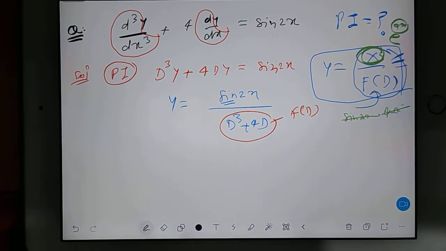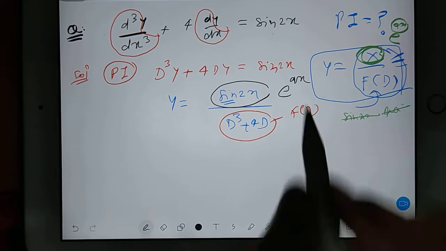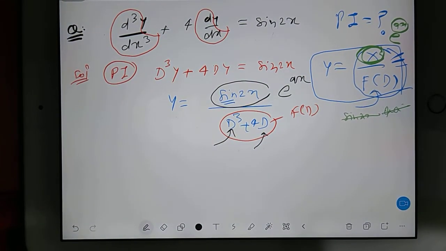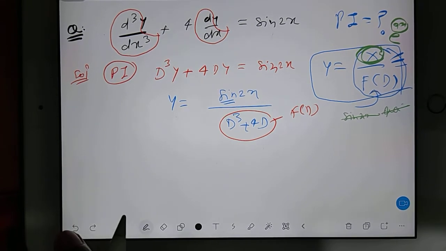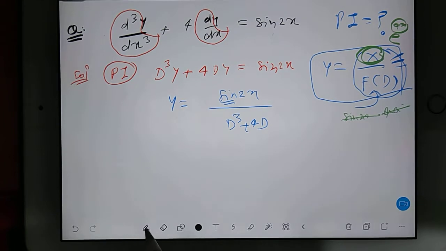And what if this is e power ax? Then simply we put the a value here, that's all done. This is not e power ax. It is in terms of sine. That's why we have to bother about the D square term.